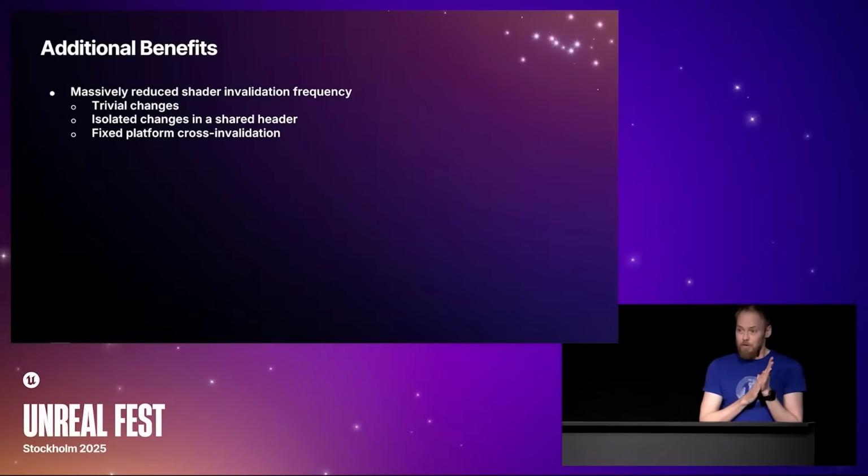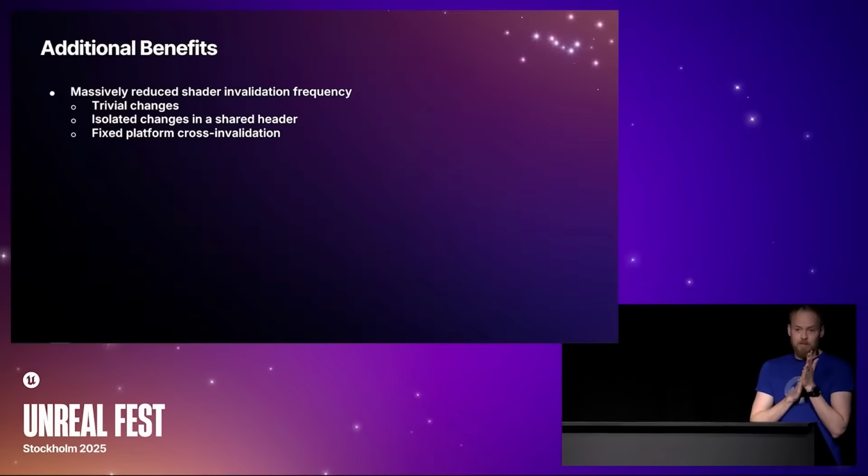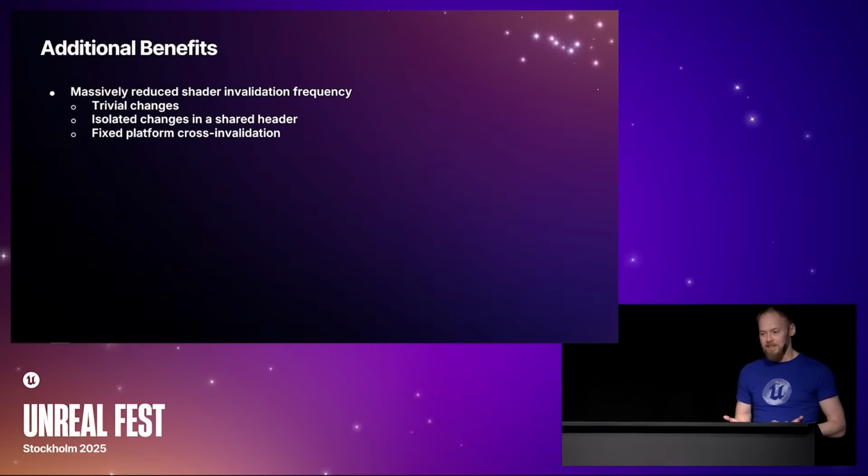This is a fun one. I don't know if you've caught this before, but in 5.3 and earlier, if you changed an Xbox header, all the PS5 shaders would compile. And it sounds dumb, but the reason this was happening was because of our hashing mechanism for hashing the shader source. We don't have enough context at that point to do preprocessing, so we can't strip out all those includes.